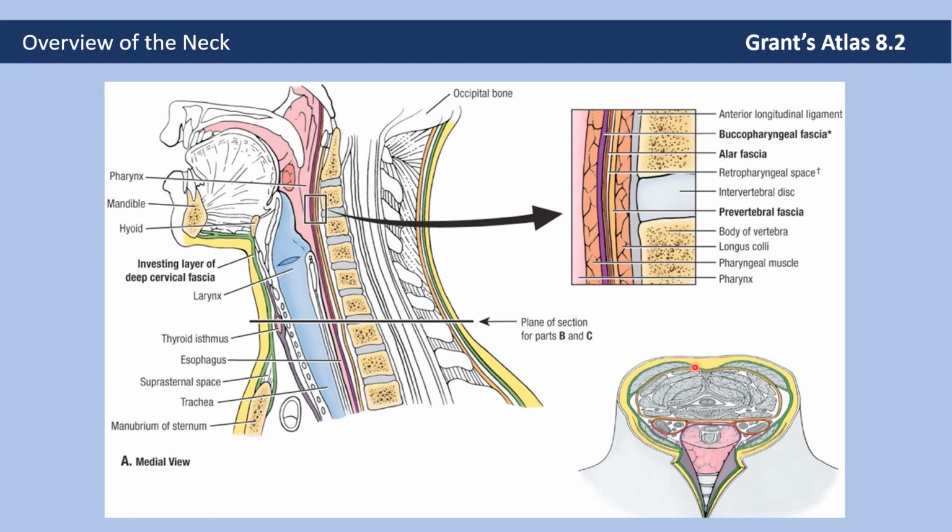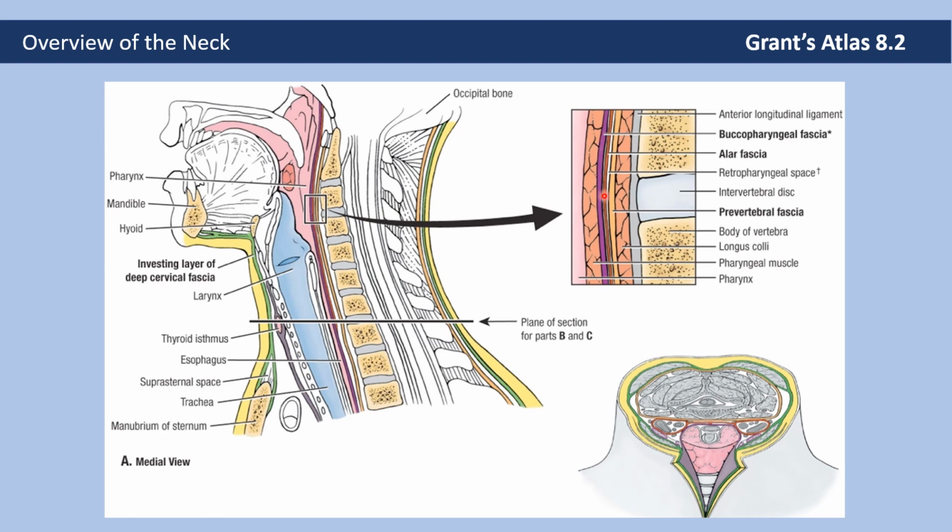So the prevertebral fascia goes around the epaxial muscles and also the vertebral column, and it's shown here. So again, between this buccopharyngeal fascia in purple and this prevertebral fascia shown in orange is this space called the retropharyngeal space.